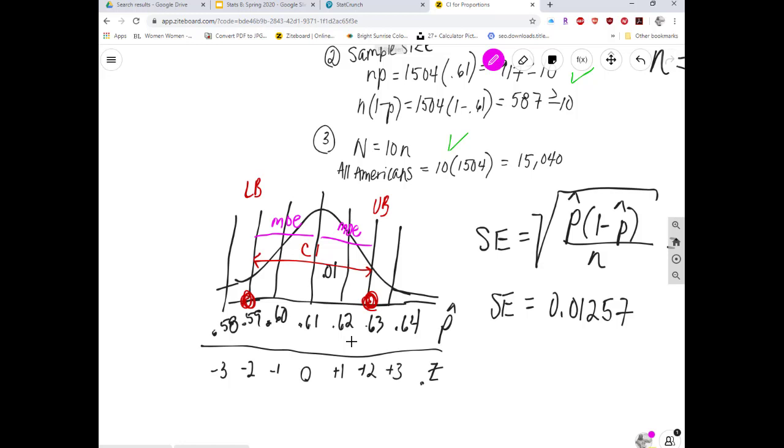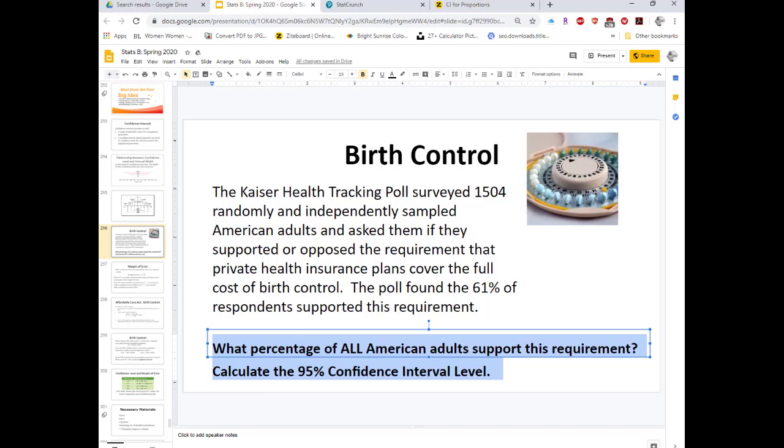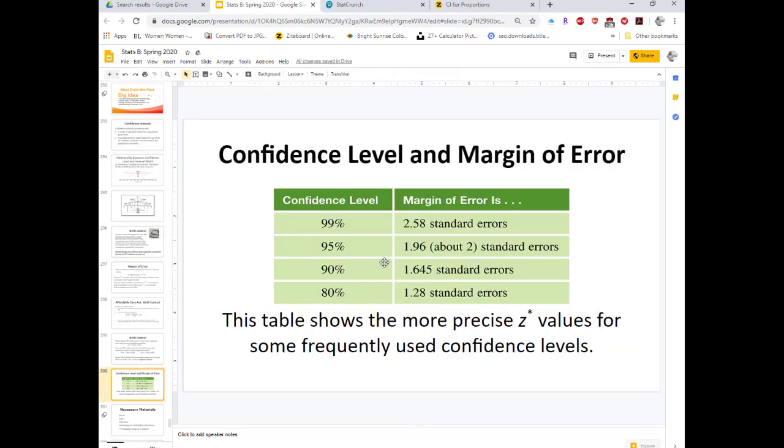So in order to get the precise number for 95% without rounding, you can just look it up in a table, and I will provide those tables for you. One of the places that you can look is on this table that I'm going to show you right now. I can go back here, and for a 95% confidence interval, instead of using 2, remember, 2 is an estimation.